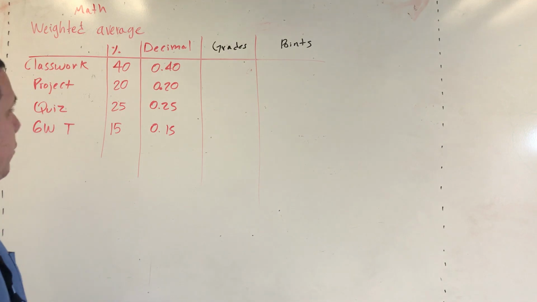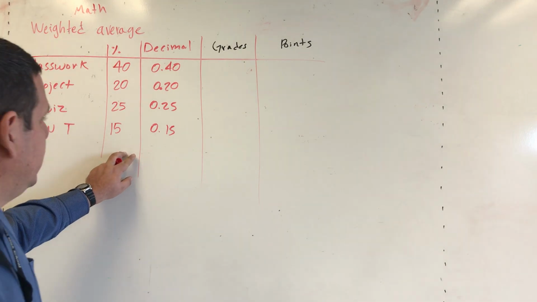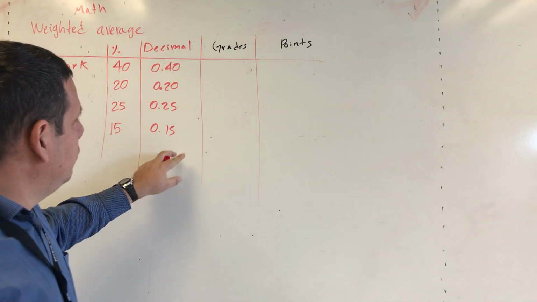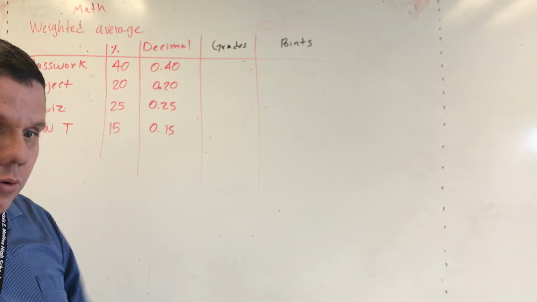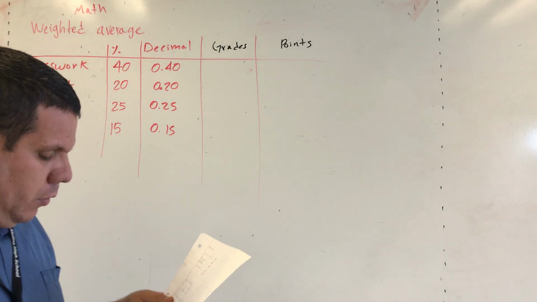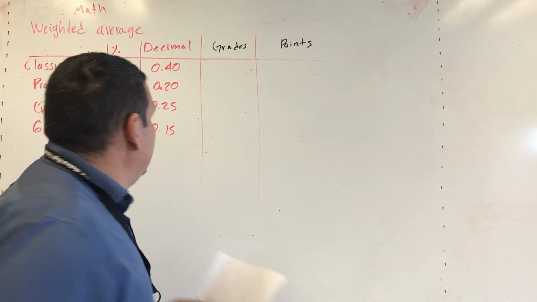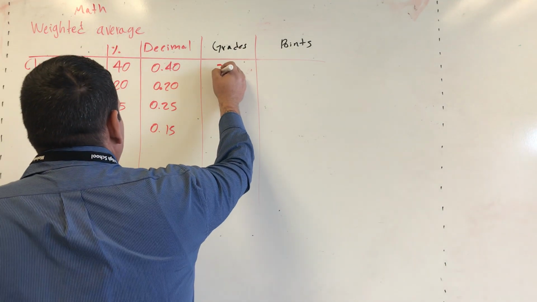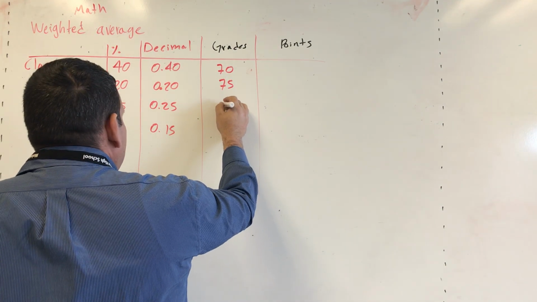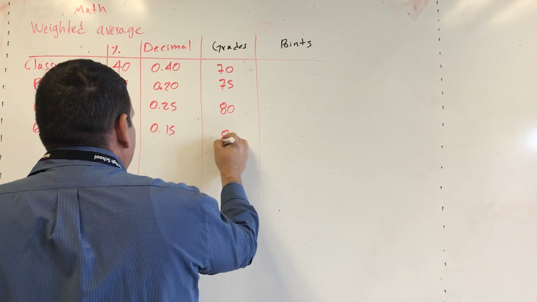So whenever you divide this percentage by 100, you will get the decimal. The decimal is what we need. We need the decimal form of the weight. Okay, the grades. Let's see, you have 70, 75, 80, and 85.